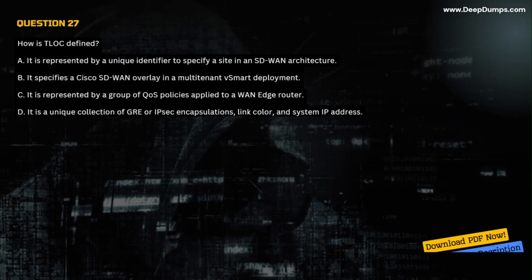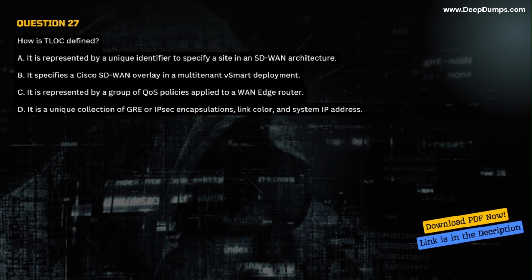Question 27. How is TLOC defined? A. It is represented by a unique identifier to specify a site in an SD-WAN architecture. B. It specifies a Cisco SD-WAN overlay in a multi-tenant vSmart deployment. C. It is represented by a group of QoS policies applied to a WAN edge router.